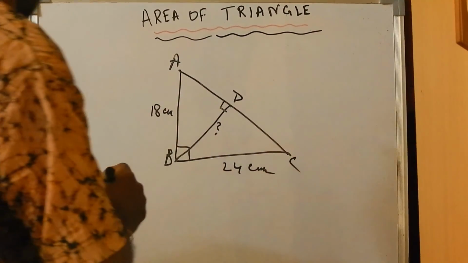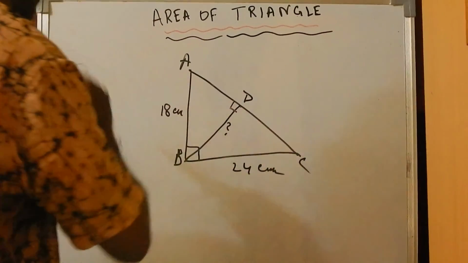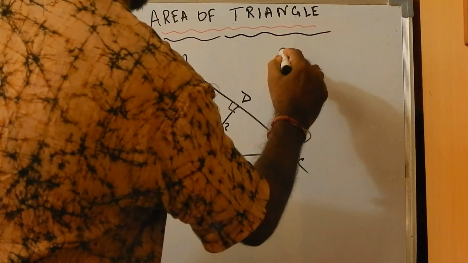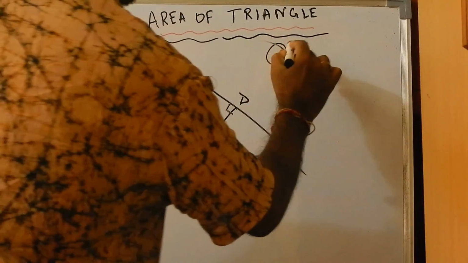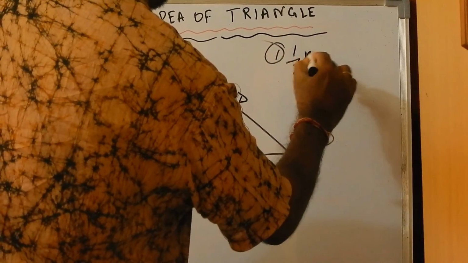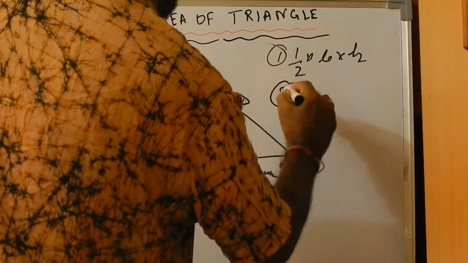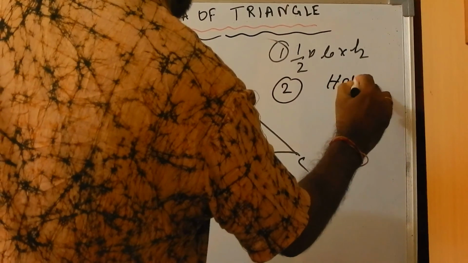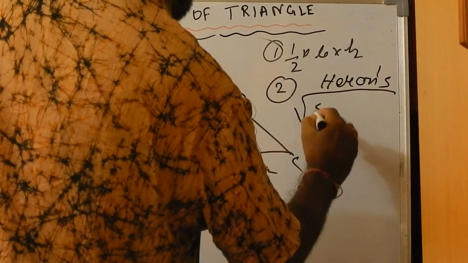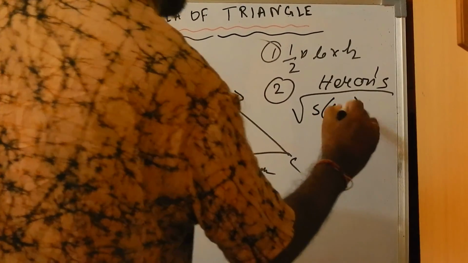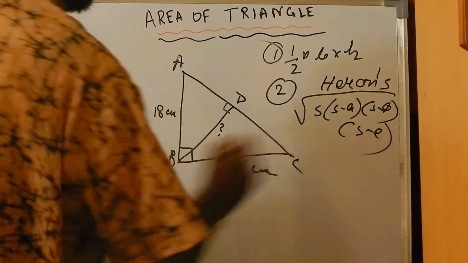So, as I told you several times, for the area of a triangle there are two basic formulas. One is half into base into height, and the other is Heron's formula: S into S minus A into S minus B into S minus C, square unit.